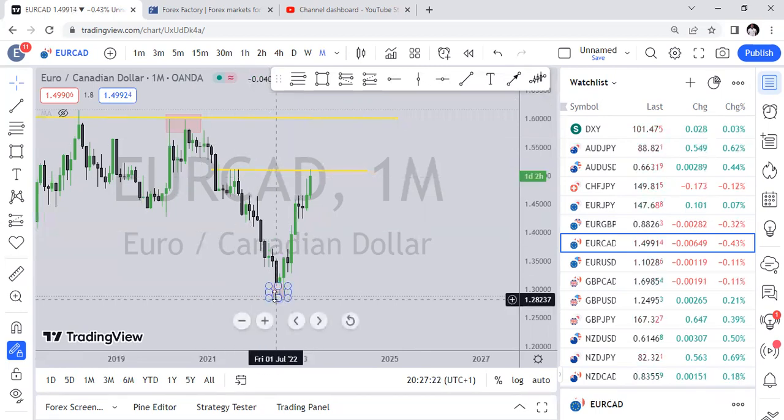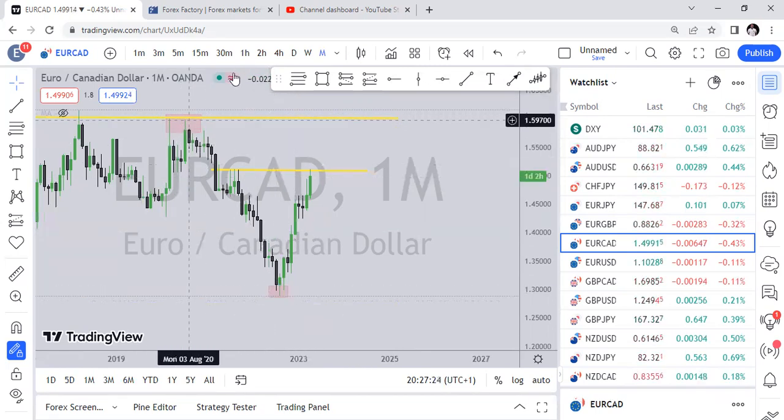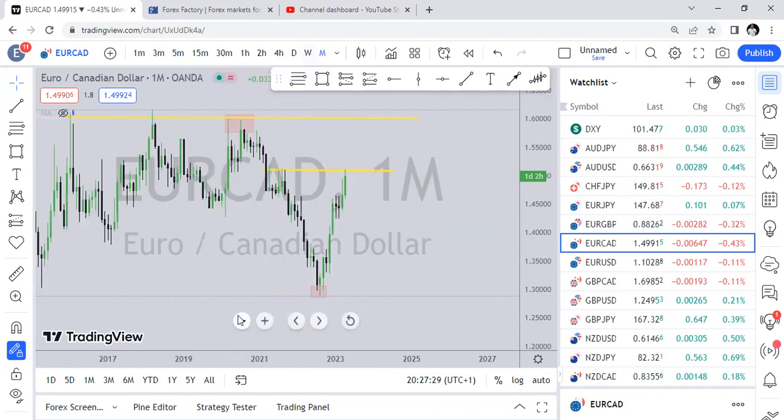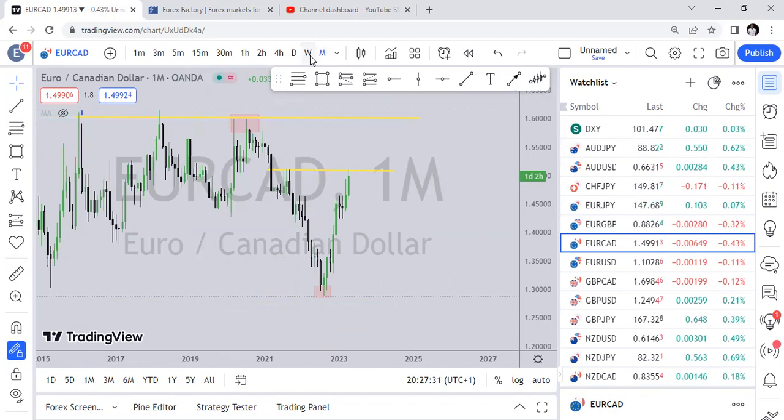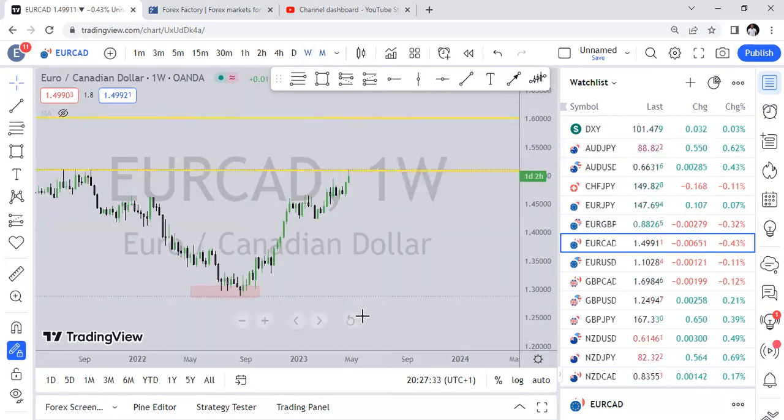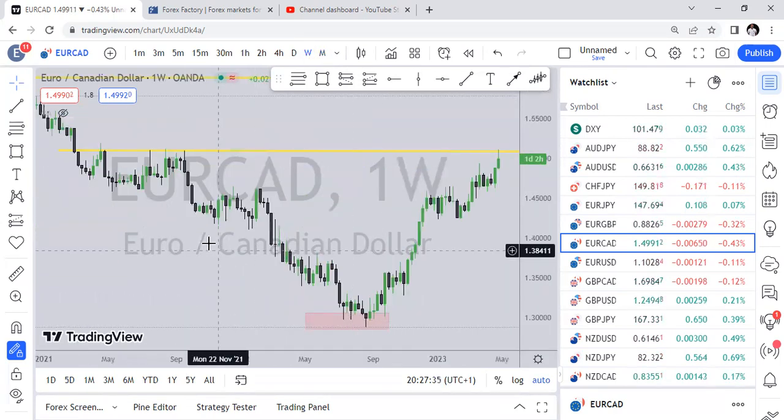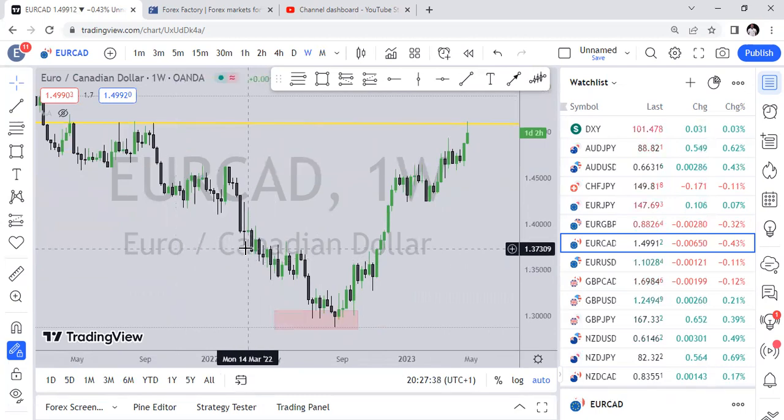And of course, I've also noted the low here, the high here. So stepping down to the weekly. So this is the weekly now.